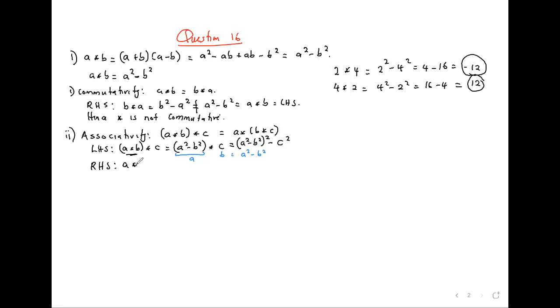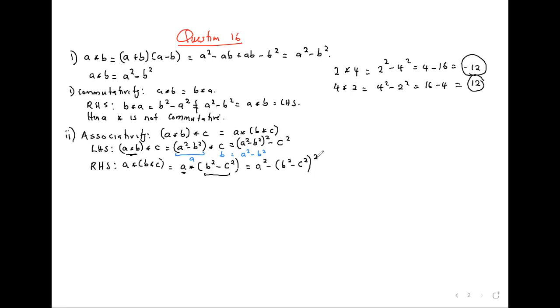Get the right hand side. You have A star B star C. This is A star, B star C is B squared minus C squared. Okay. Now, A squared minus B squared. Your A is A, so we have A squared minus B is now this whole thing. So we have B squared minus C squared, all squared.